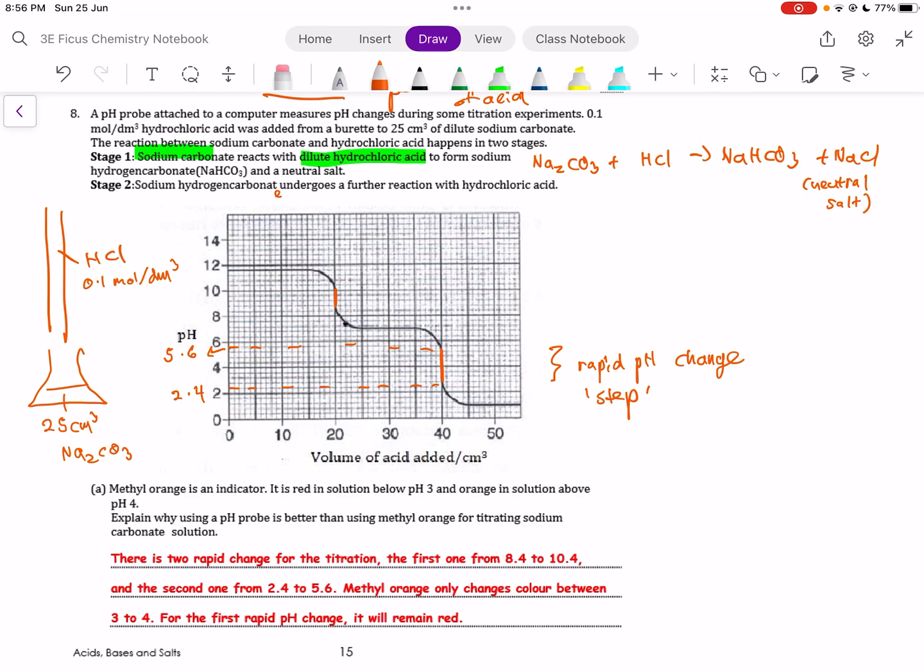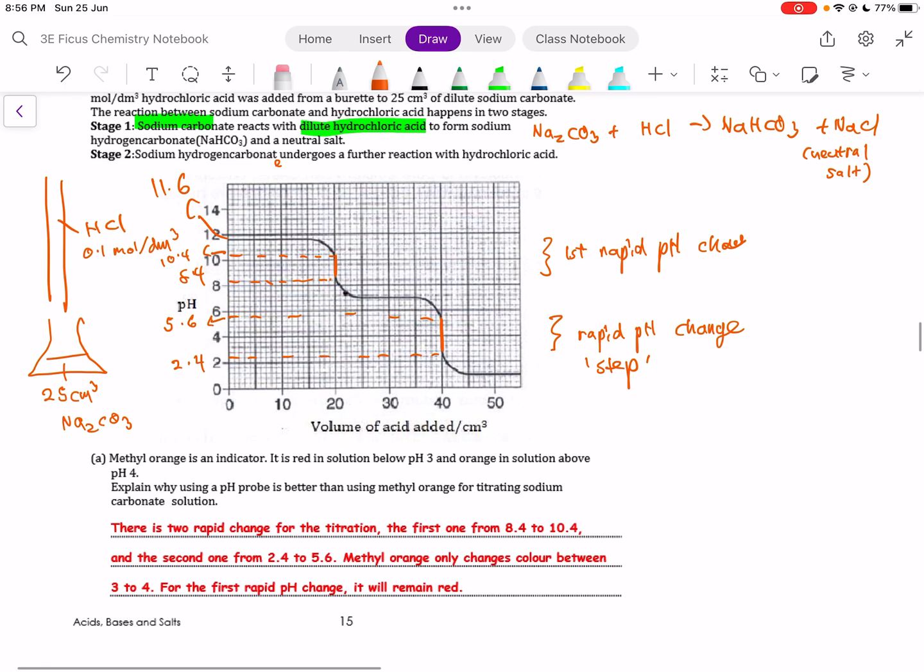The first one is 10.4 to 8.4. This is the first rapid pH change. The initial pH is 11.6, which is correct because it's alkaline inside the flask.